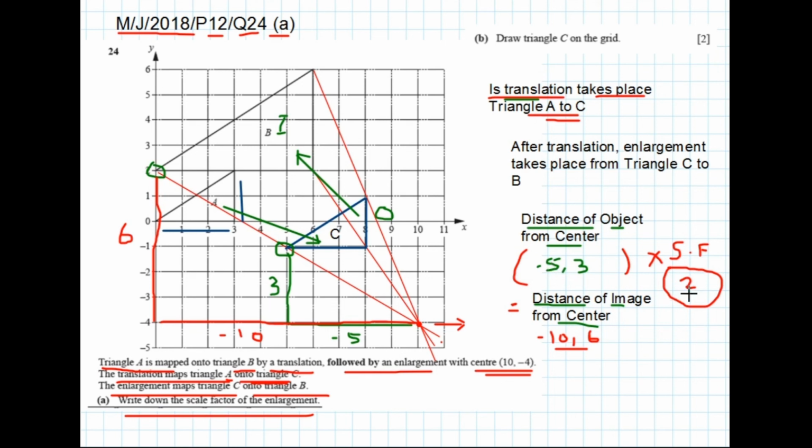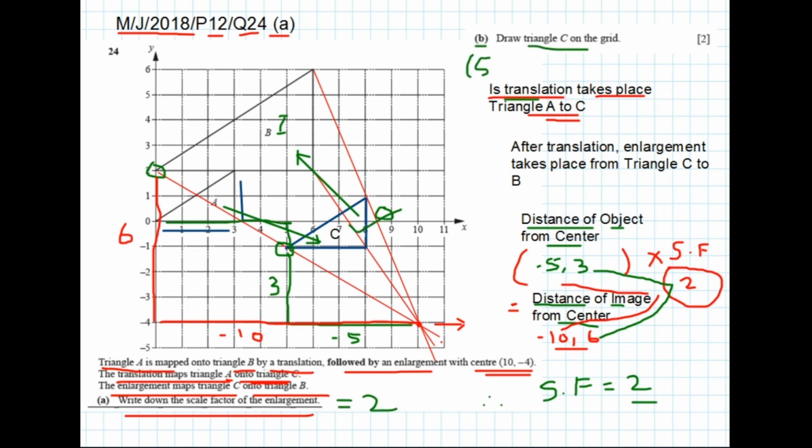When we multiply minus 5 by 2, we get minus 10, and 3 by 2 we get 6 as shown. Therefore the scale factor is 2. Now the coordinates of triangle C from origin are (5, minus 1), (8, 1) and (8, minus 1). It is shown in the figure. So this is our answer.